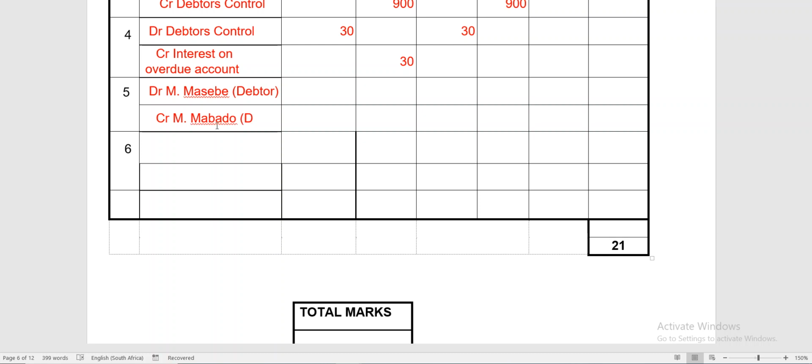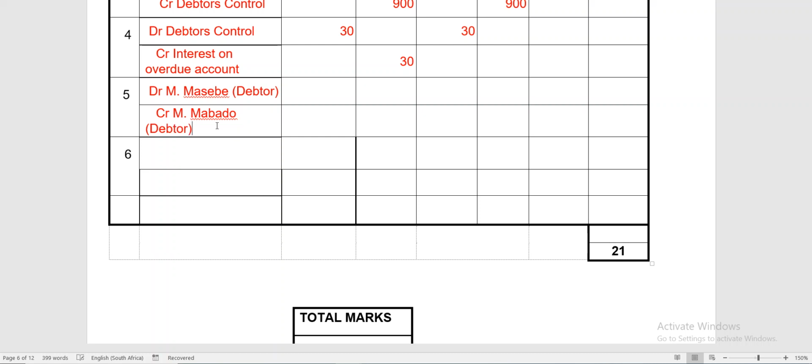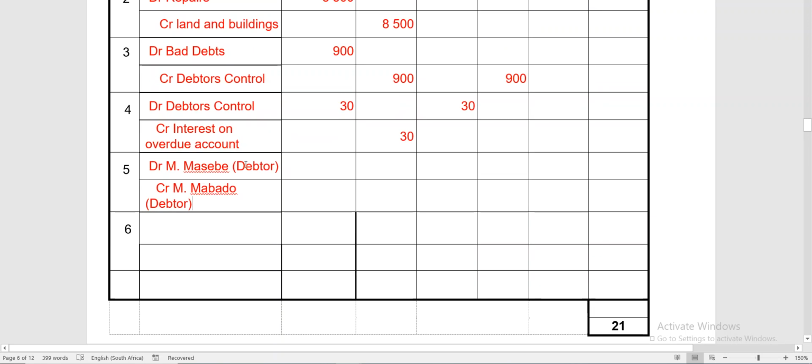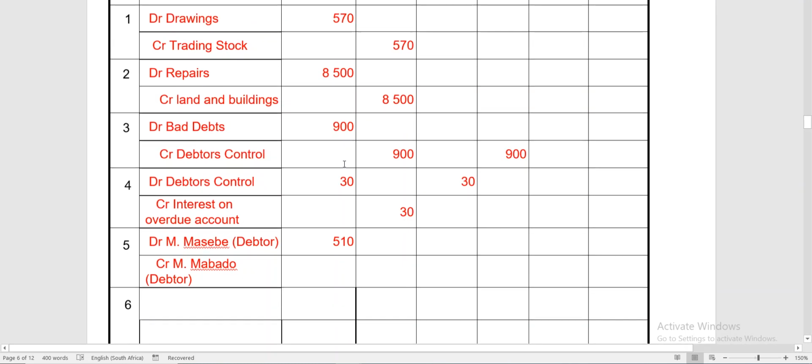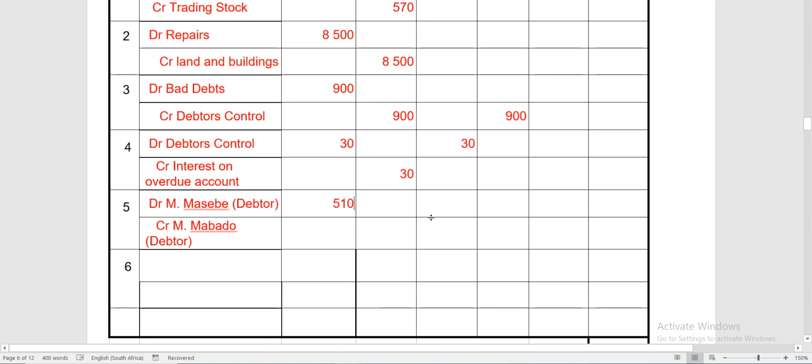So we would write that this person is a debtor in brackets, so that we know that this will also affect the debtors control. So remember, debtors control is an asset. If I say that I'm going to debit, it means that I'm going to plus there. So it's 510, and then I also go to the debtors control for this transaction, and then I'll add 510 here. Okay.